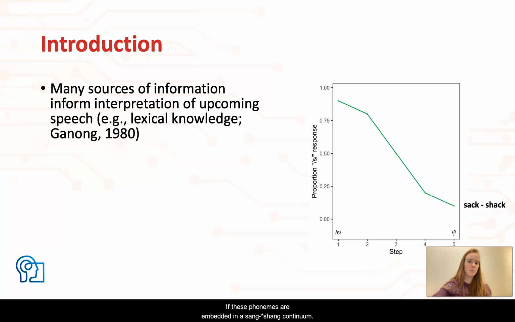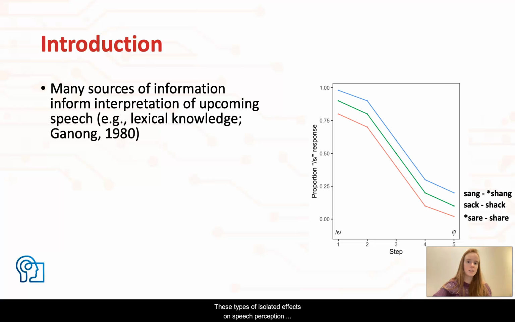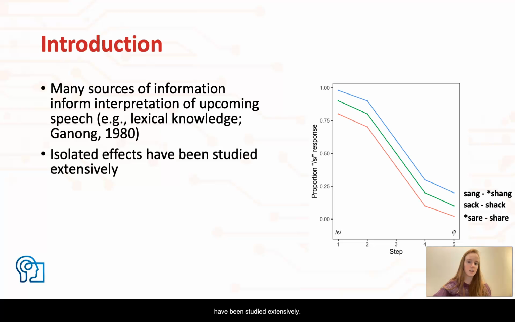If these phonemes are embedded in a sang-shang continuum, listeners are more likely to report ambiguous phonemes as beginning with a "s," since sang is a word and shang is not. The same is true for the reverse situation, say a ser-share continuum, where we see more sh responses since only share is a word. These types of isolated effects on speech perception have been studied extensively.